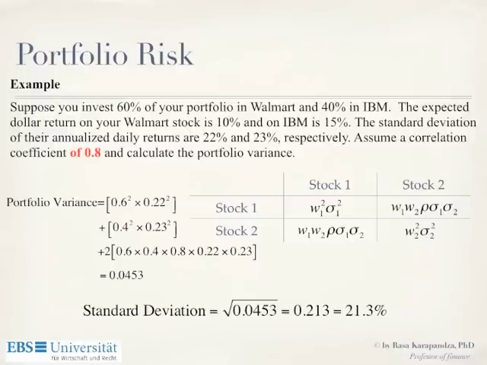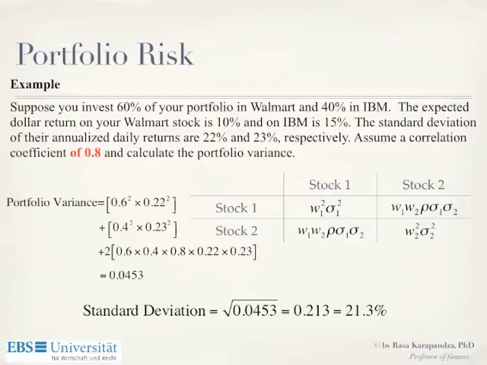And note that the return of this portfolio is higher than the return on the stock of Walmart. So you would earn more than if you invested in stock of Walmart, with less risk. But if you compare it to the stock of IBM, you would earn less, because your return is somewhere between 10 and 15%.